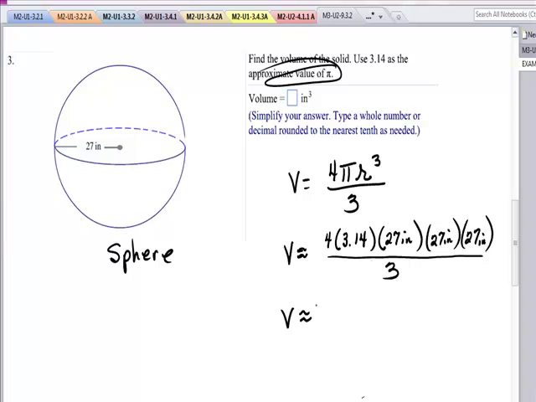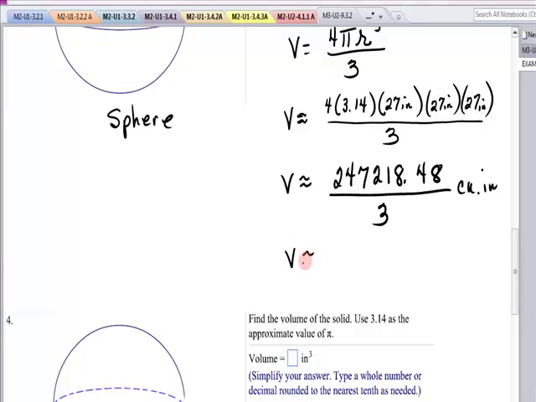All right, this is going to be a pretty large number. I have 4 times 3.14, 27, 27, 27. Just the numerator is 247,218.48, and I need to divide it by 3, and it is cubic inches, because it's inches times inches times inches.